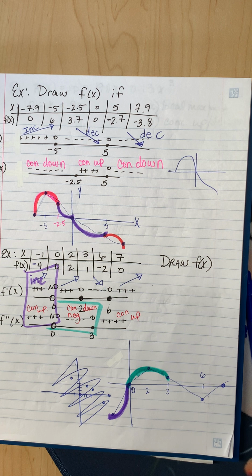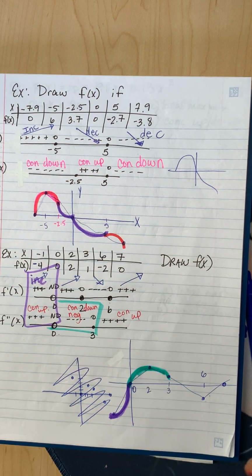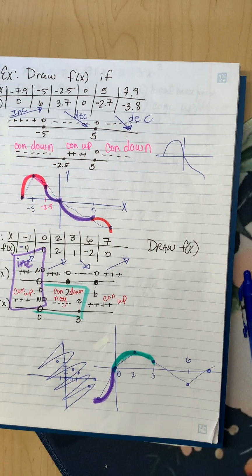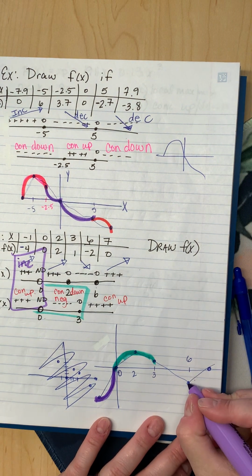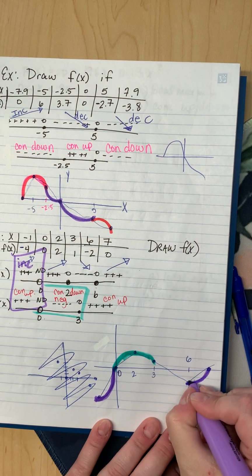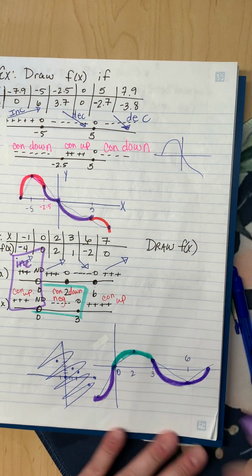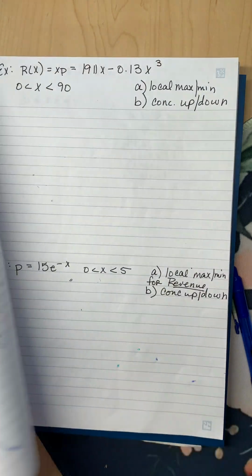Then from 3 all the way to the end, we're concave up again. And concave up looks like a whole parabola if you have all those points. So this next piece is going to look like a parabola. Woo!